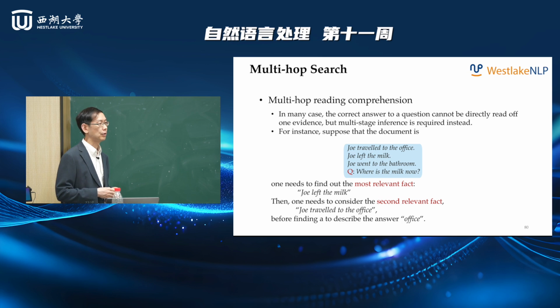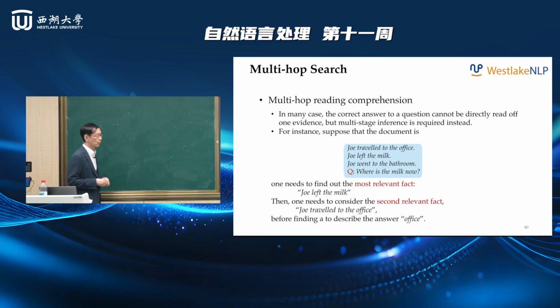How do I find the answer? Of course, one method is just to use the previous network I told you: represent the passage by looking at the question and then try to predict where the milk is now. But it turns out that normally you want to do some reasoning over the sentences. For example, where is the milk now?